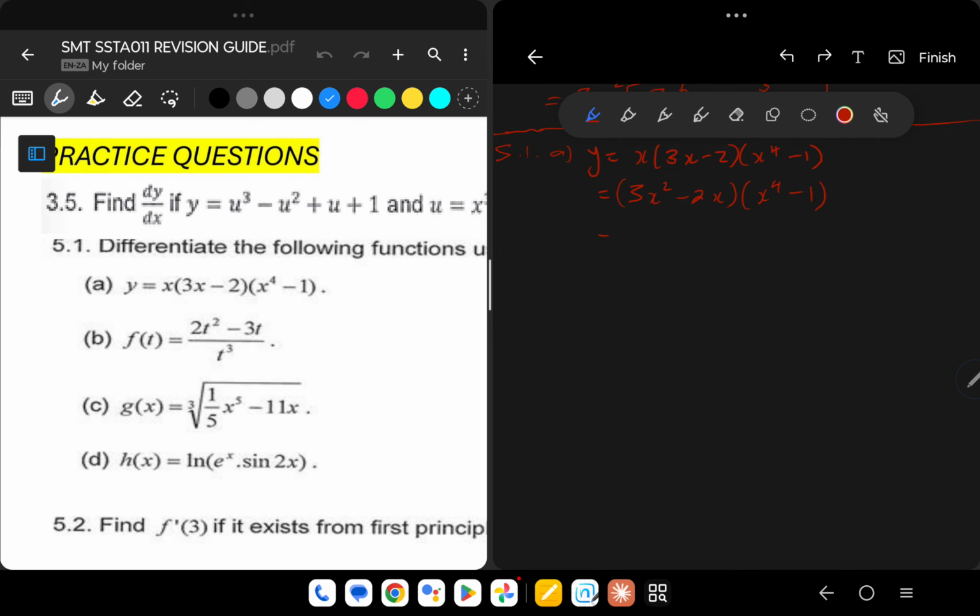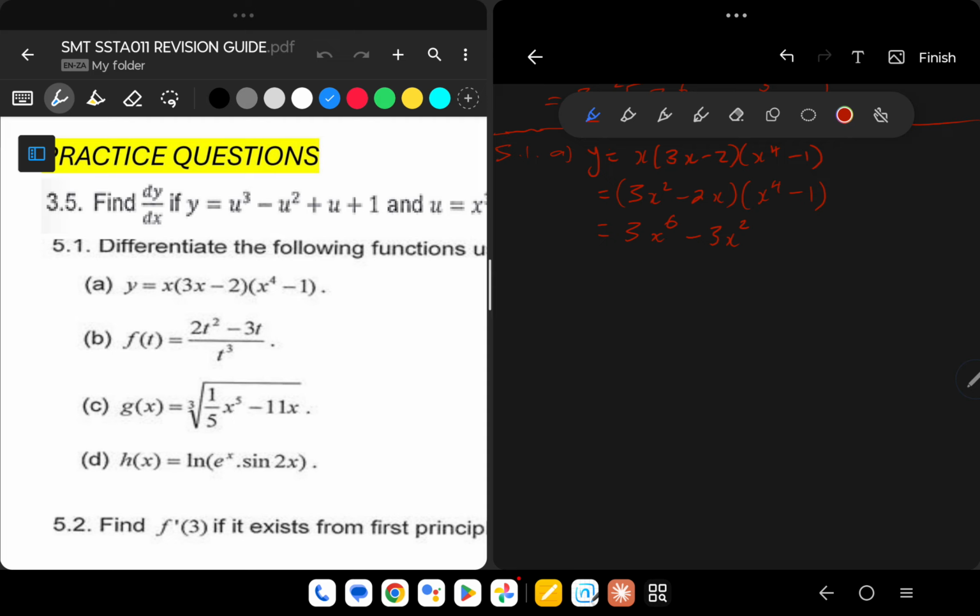So we see that okay, we can still go on about it before we can derive it. So now 3x squared times x to the power of 4, this is the same as 3x to the power 6, and then 3x squared times minus 1 is just minus 3x squared.